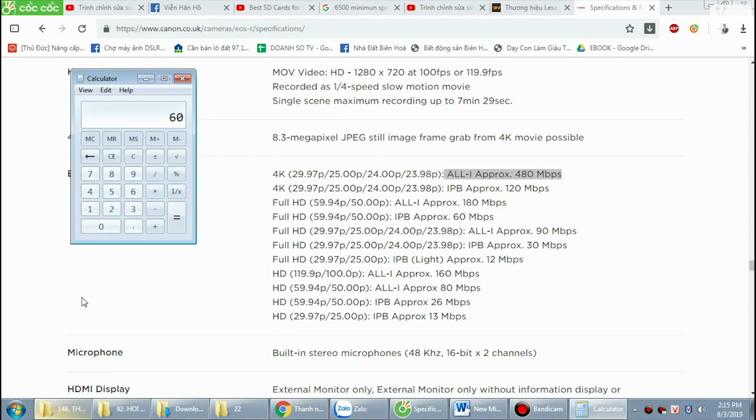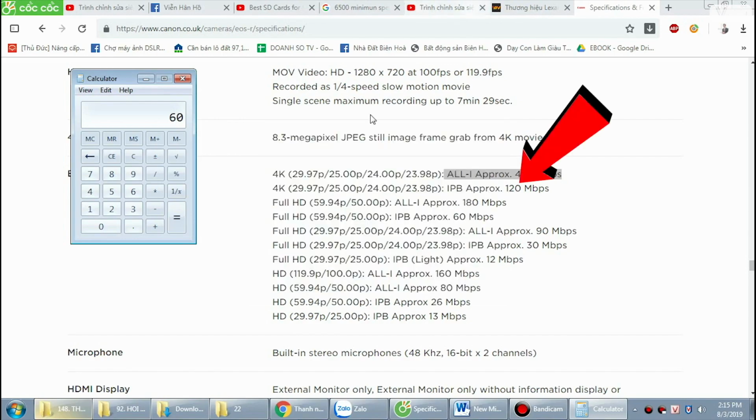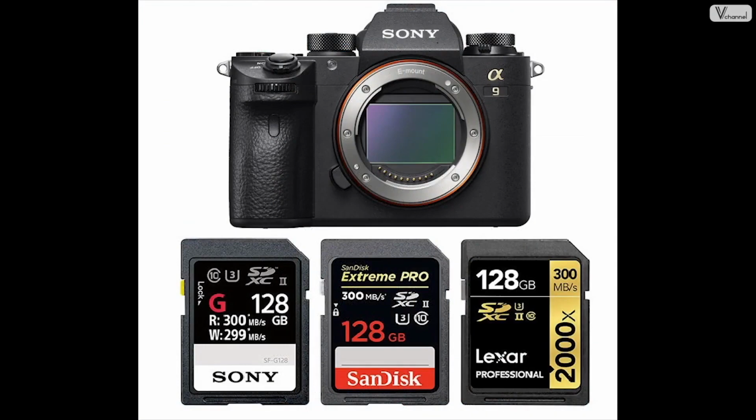In that case, we need V60. When we record 4K on this camera in IPB, we just need a minimum speed of 120 megabit per second. That means only 15 megabytes per second.